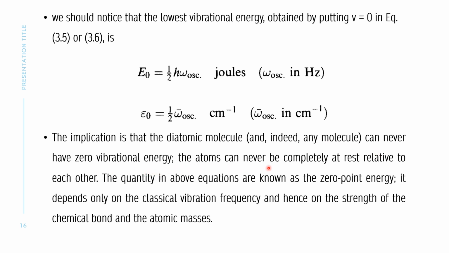The atoms can never be completely at rest relative to each other. The quantity in the above equations is known as zero-point energy. It depends only on the classical vibrational frequency, and hence the strength of the chemical bond, and the atomic masses.